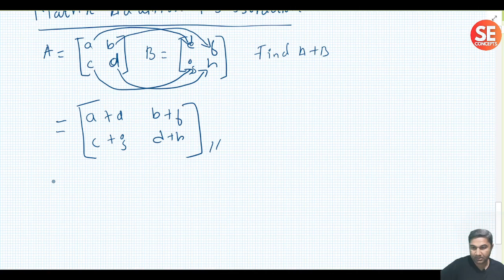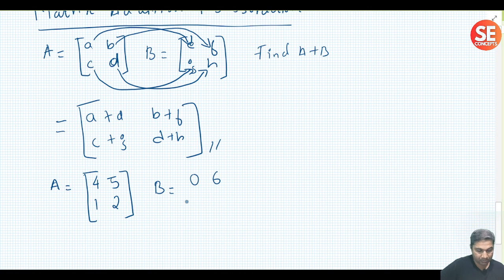For example, A equal to 4, 5, 1, 2, and B equal to 0, 6, 1, 3. They say, very simple, find A plus B.